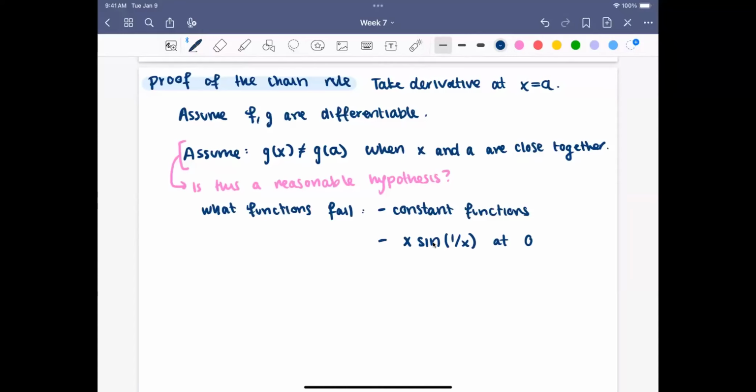So we're defining this to be, when we're defining the function, it's undefined at 0 just as written, so we'll just say that it is 0 at x equals 0. So this function will fail the hypothesis because there will always be places where that function is equal to 0. Let me just draw a little picture of it.